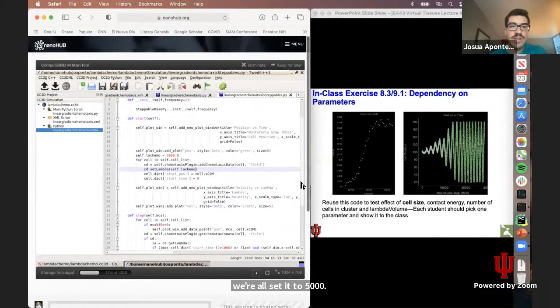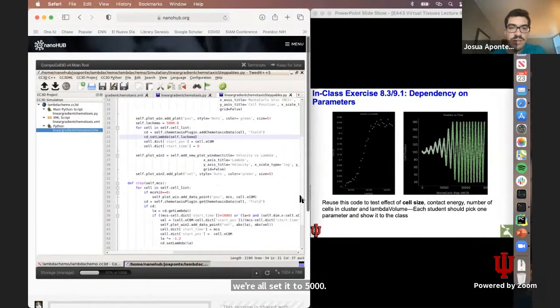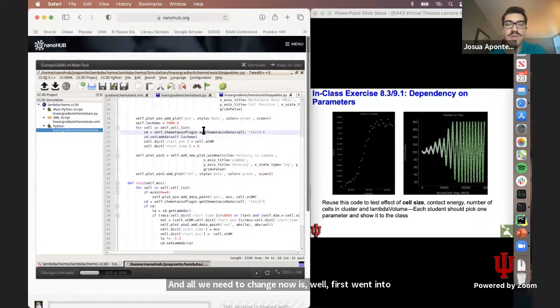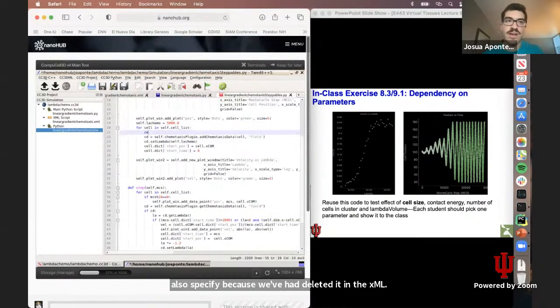And because we have deleted it in the XML, we also need to specify an initial target volume and lambda volume for the cell.